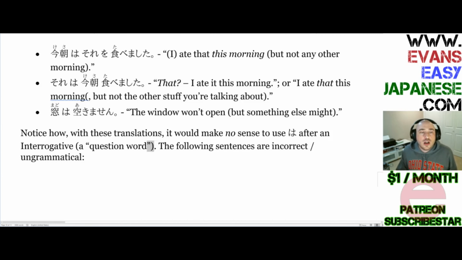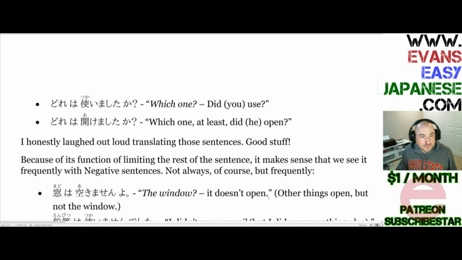So I'm going to go with like a 95% hit rate. We do not have a wa particle after an interrogative. I'm sure there's some crazy situation, and every time I say never, some guy yells at me. The following sentences are incorrect or ungrammatical. Dore wa tsukaimashita ka? Again, we can't say this. Dore wa tsukaimashita?